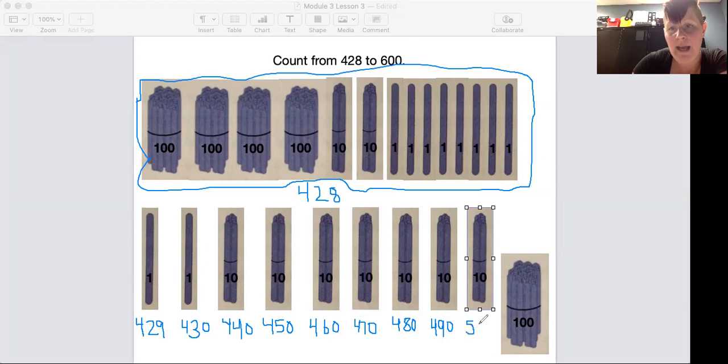And what's great now, if you notice on 500, I don't have to count by ones or tens anymore because I've zeroed both of those out. I'm at the next 100 now.